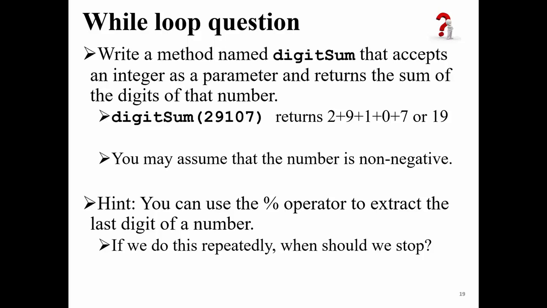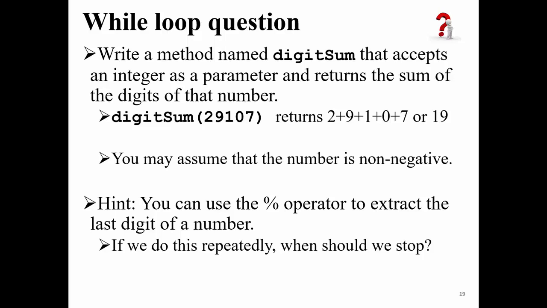I like hints. We can use the mod operation to extract the last digit of the number. If we do this repeatedly, we should stop. So the hint is saying that the mod operation can play a very important role in your implementation. If you want to ignore it, it's your choice.